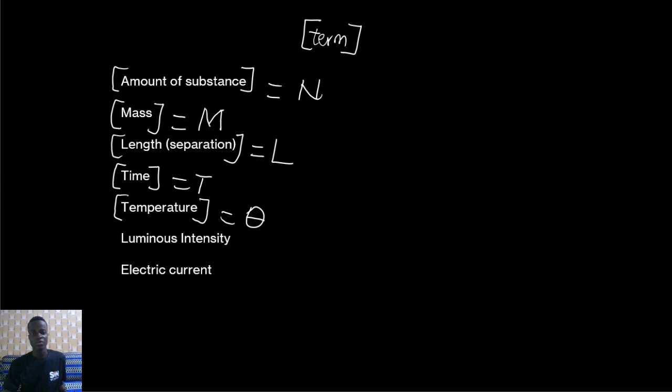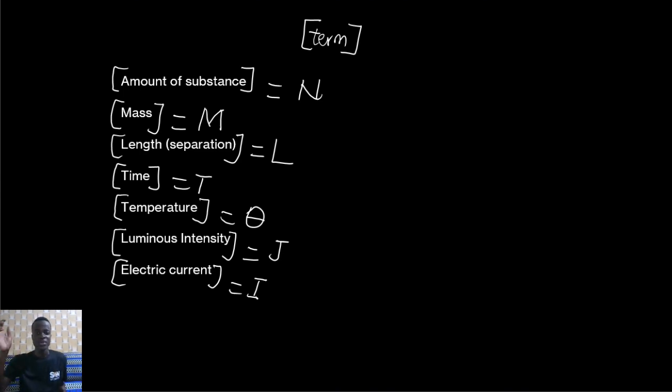For luminous intensity, the dimensional symbol is J, and for electric current, it is capital I. So these are the dimensional symbols of these quantities.